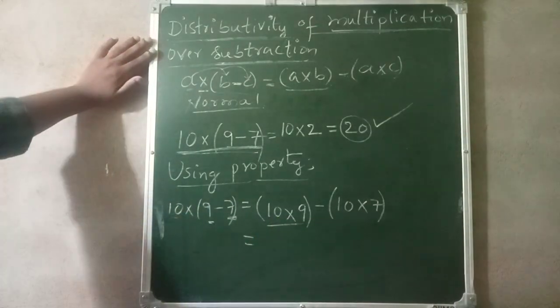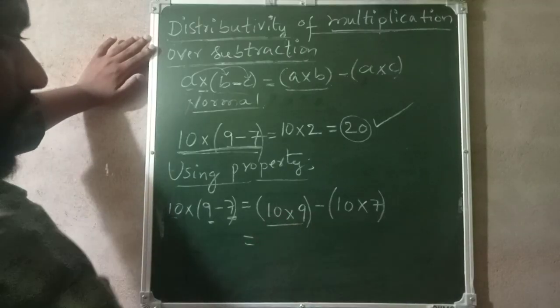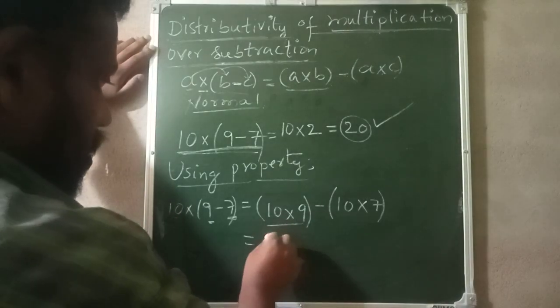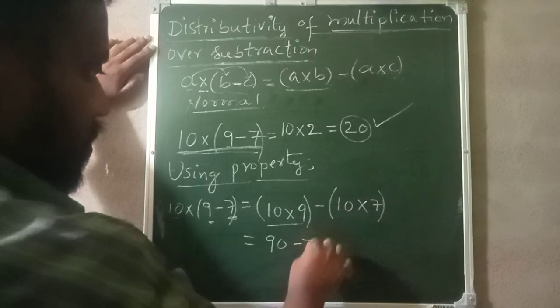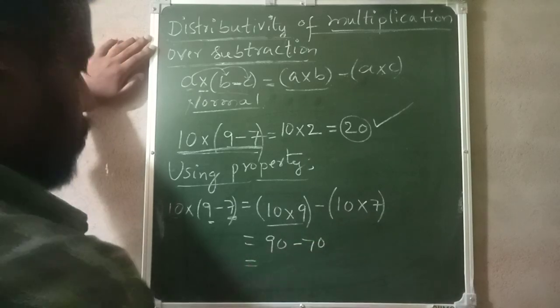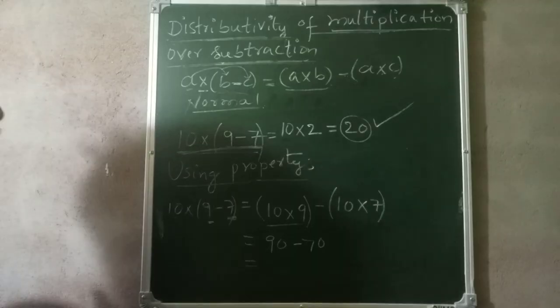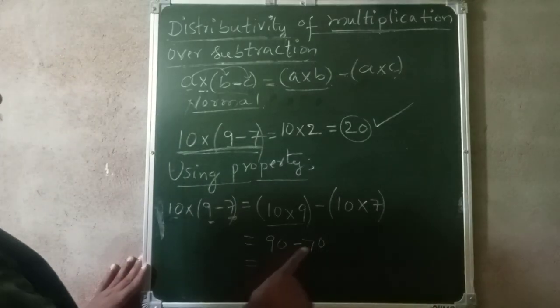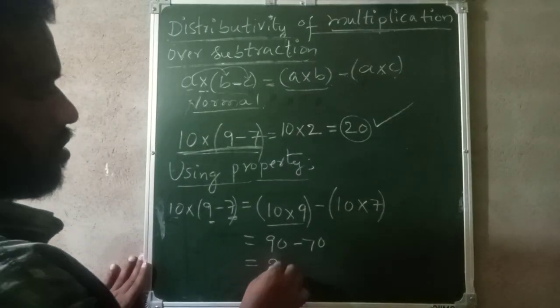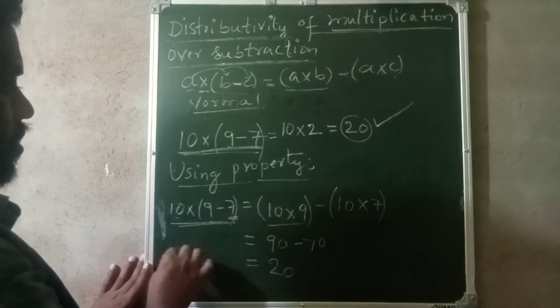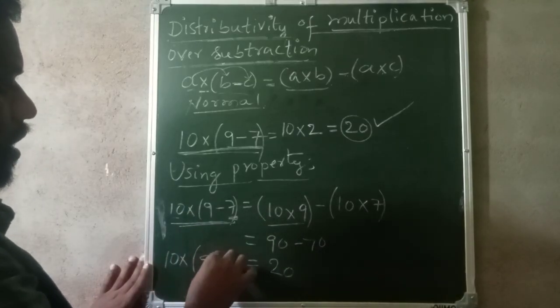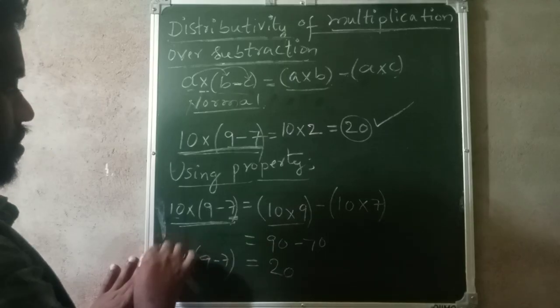Now simplify this. 10 into 9. 10 nines are 90 minus 10 sevens are 70 is equal to. Now 90 minus 70 is how much? 20. So write this as it is. So 10 into 9 minus 7 is equal to this.